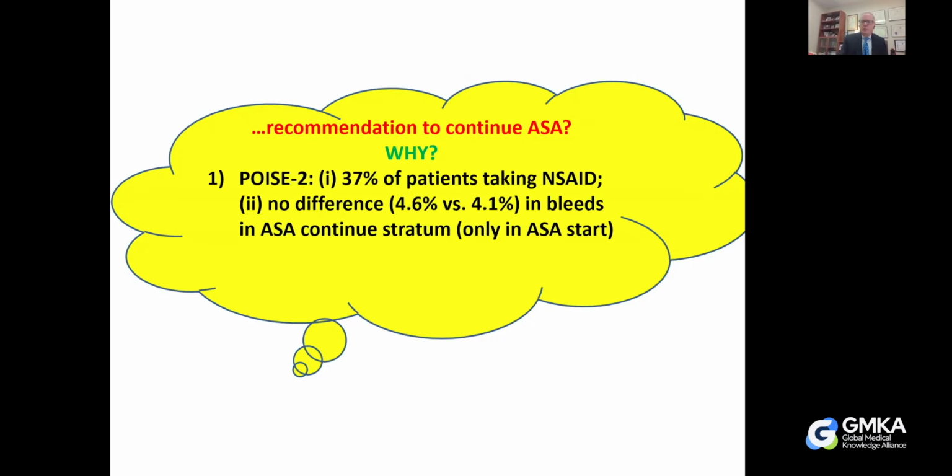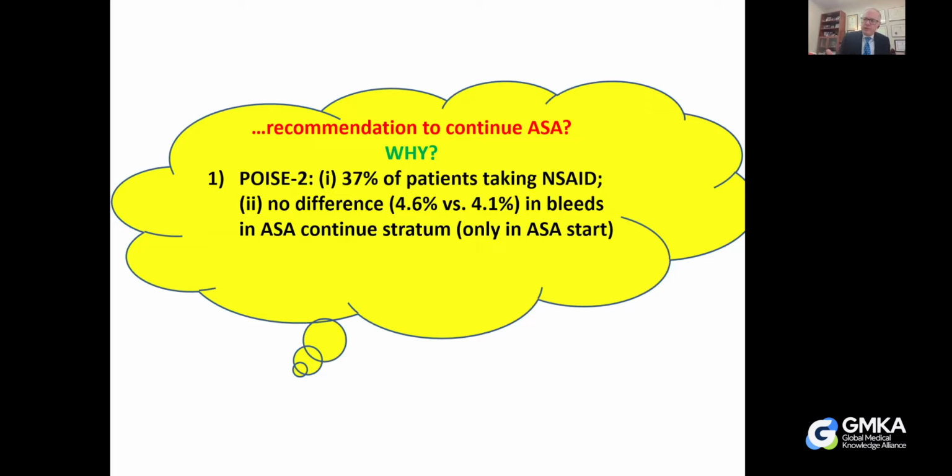I'm referring, of course, to the large landmark POISE-2 trial, which looked at aspirin use perioperatively for non-cardiac surgery. And in that study, patients were either randomly allocated to stop their aspirin or to continue it. And if they were not taking aspirin before, to start it or not take any aspirin. So there were two strata or two groups.